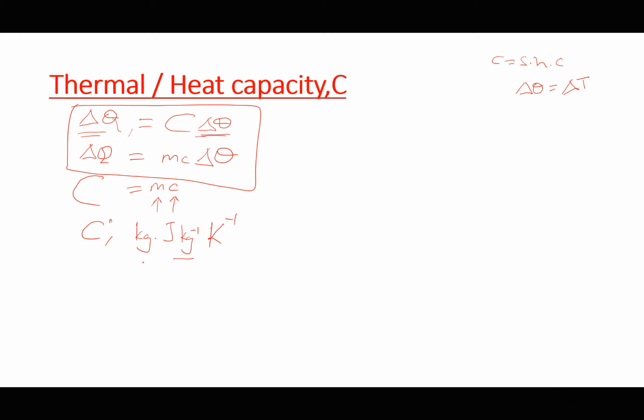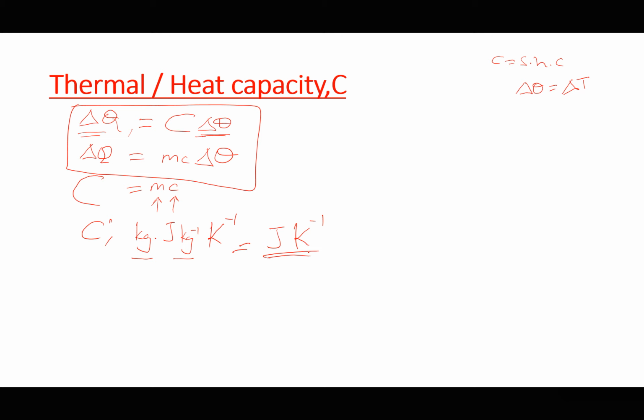So you notice that the kilogram cancels with the per kilogram, so the units of heat capacity will simply be joules per Kelvin. So the amount of heat required to change the temperature of the whole object, the whole body, by 1 Kelvin is what we are going to call the heat capacity.